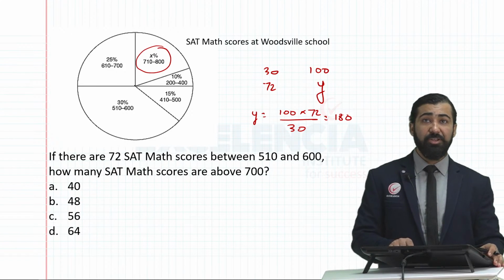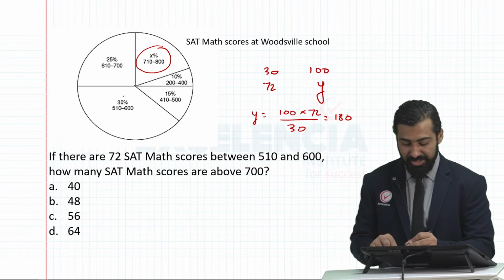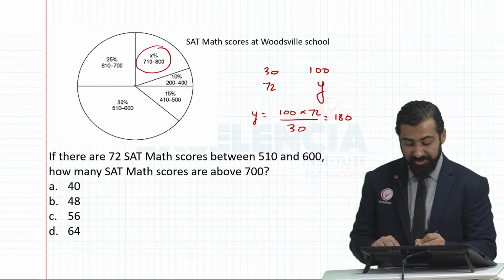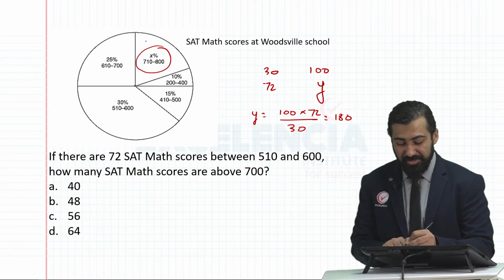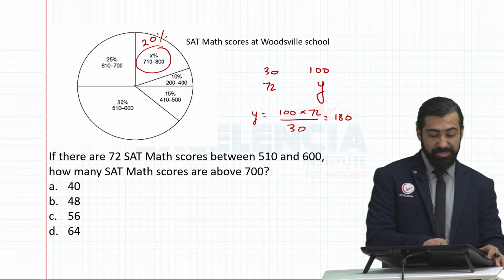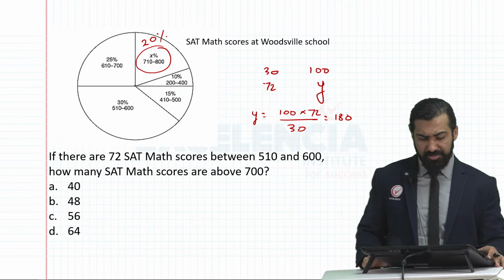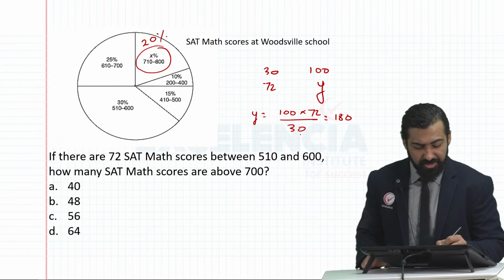Since I do not know what percentage is there, it can easily be found out: 55, 60, 70, 80. So X turns out to be 20%. So 20% of 180 will come out to be 8 into 36. Did I make some calculation error?